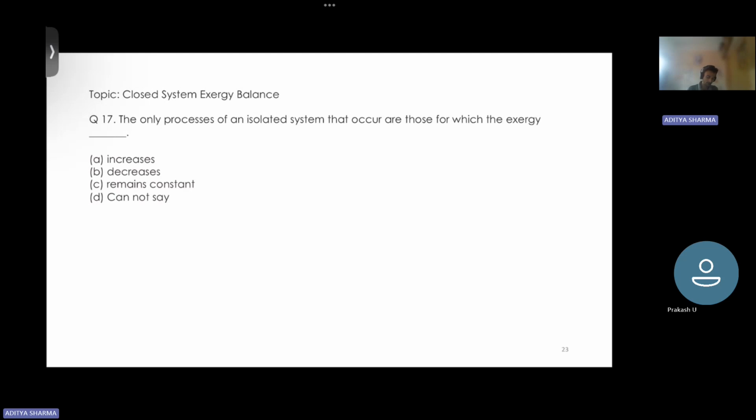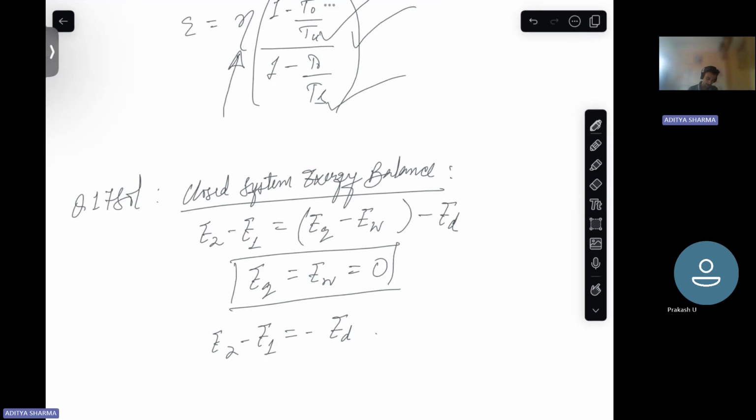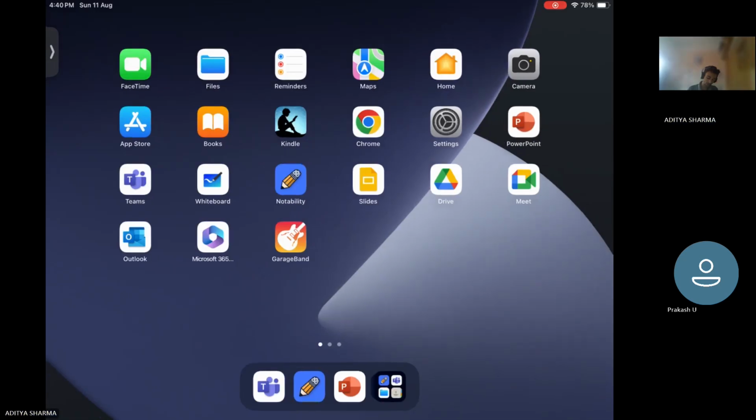So when the statement says that only processes of an isolated system that occur are those for which exergy dash. So for an isolated system, because E subscript D will always be positive, the change is negative, right?